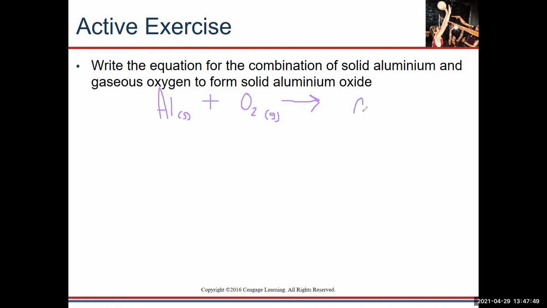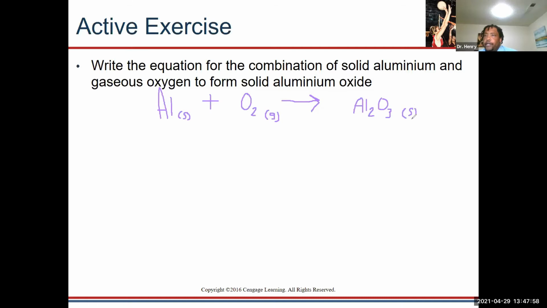Al2O3(s). Okay, are we done? No. What is the next thing that we have to do? We need to balance.